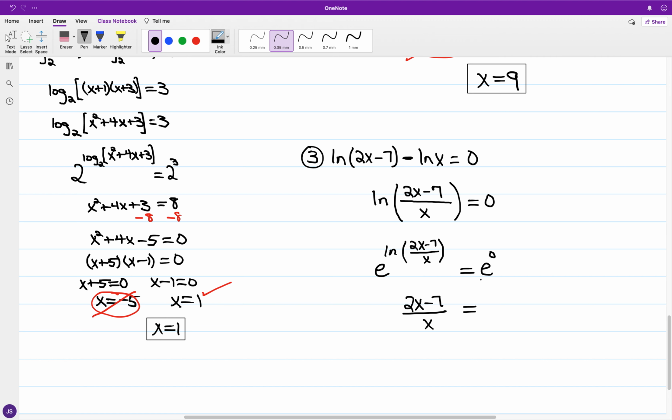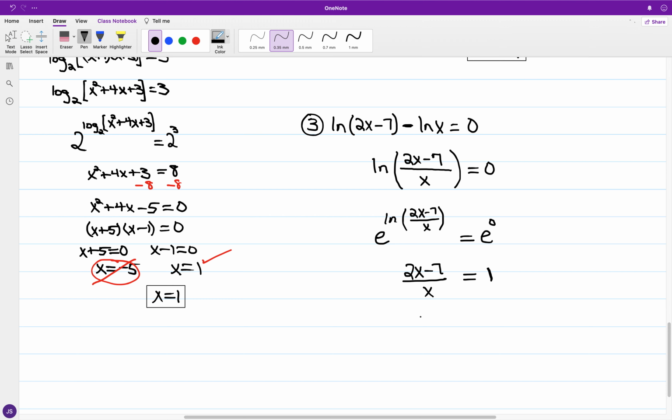And e to the 0 is going to be 1. Now multiplying by x, you have 2x minus 7 is equal to 1 times x, which will be x. If anyone wonders where this x came from, I multiplied the equation by x. So I have 2x minus 7 equal to x.